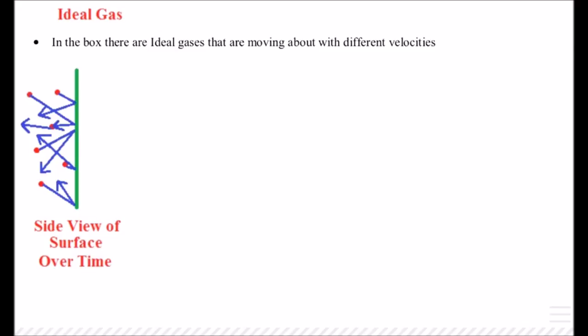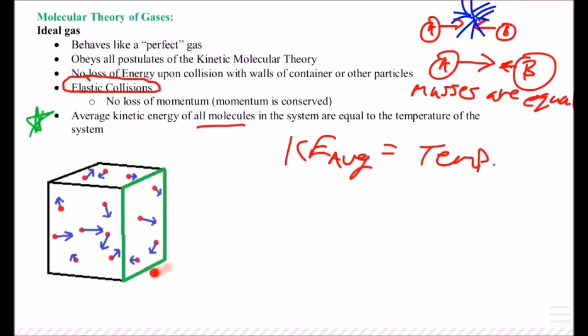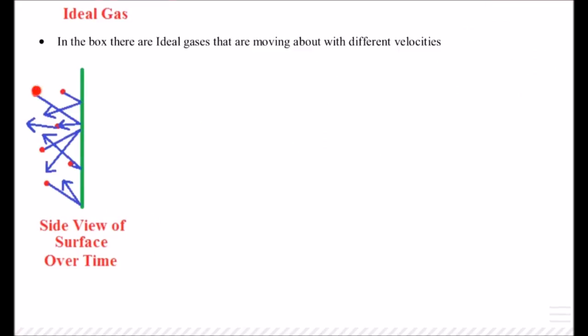So if all those gases are moving around and hitting the sidewall of the container, and this green line represents just this side of the box, these gas molecules are at any given moment slamming into the wall and then moving off in some new direction as they hit and move away. So at any point in time we are making contact with the wall. All right, so we've got contact here, here, here, and there.